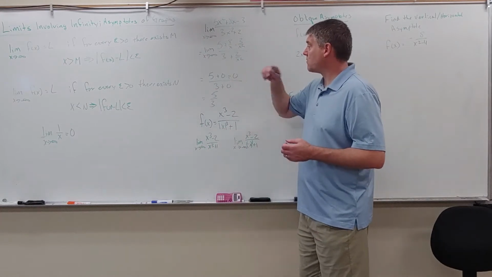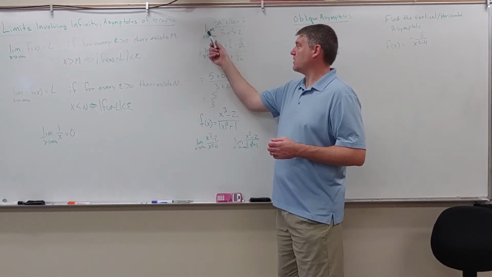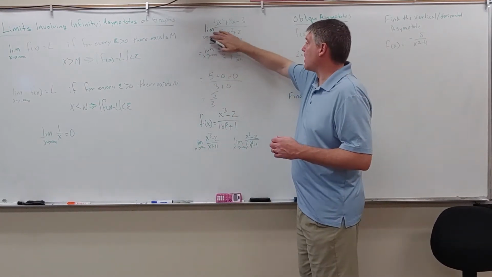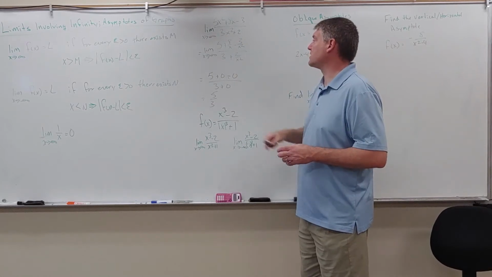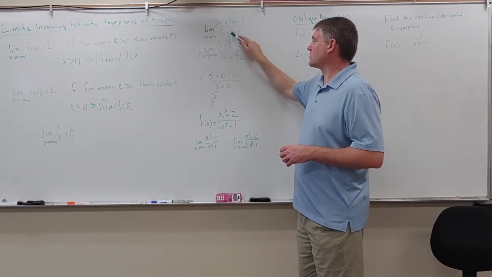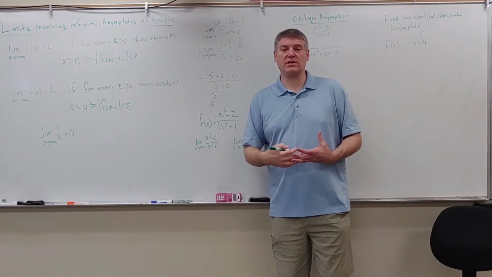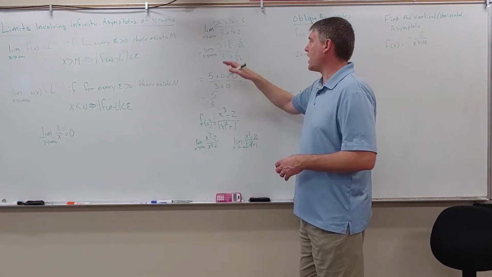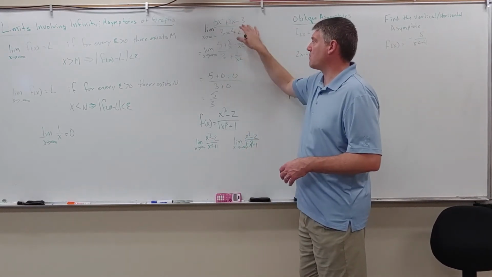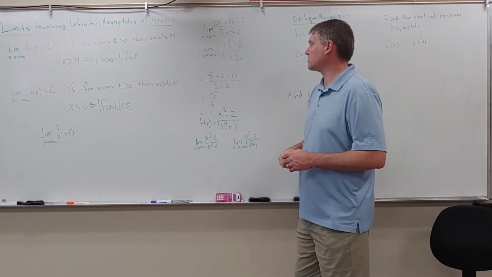Here we have an example: the limit as x goes to infinity of 5x squared plus 8x minus 3 over 3x squared plus 2. What we're going to do is divide everything in the top by x squared and everything in the bottom by x squared.